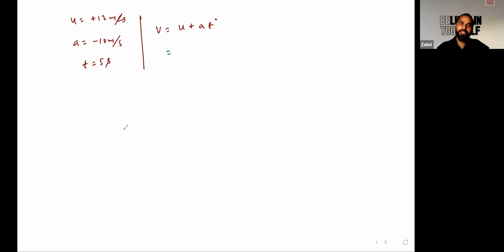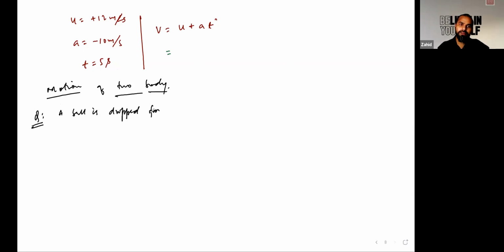Now there will be a question regarding two different balls or two different bodies thrown simultaneously, or one after the other, or in some relation. So let's look at motion of two bodies. Suppose there is a question: a ball is dropped from a 100-meter building.